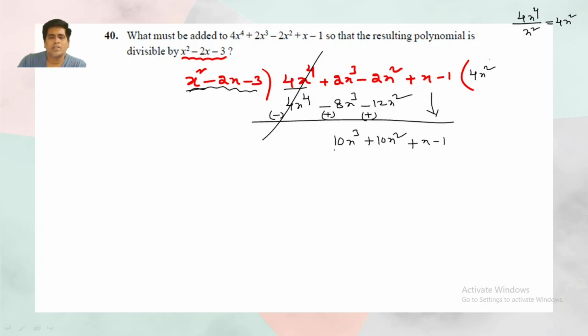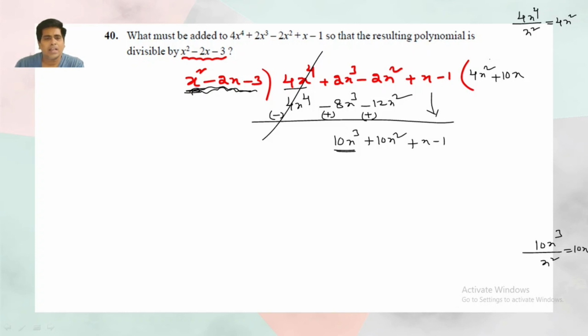Again first term of the dividend by first term of the divisor. So that is clearly 10x cube divided with x square. What you will get is 10x. So I am using here 10x. Again this whole trinomial we are multiplying with 10x.